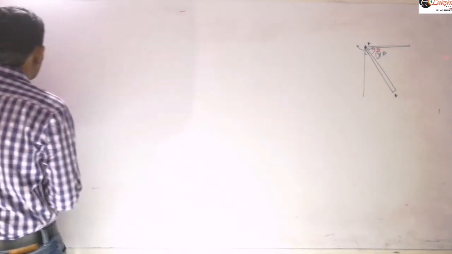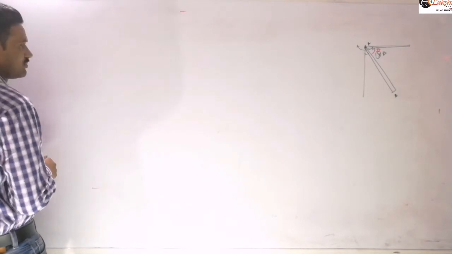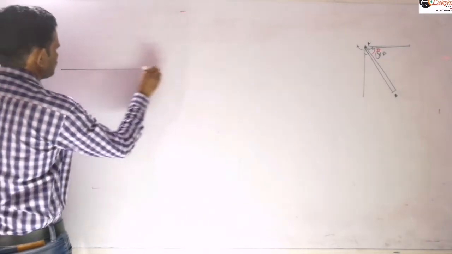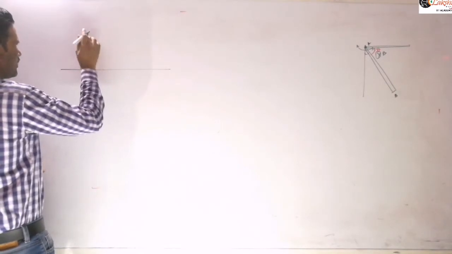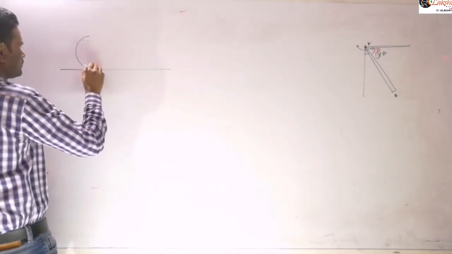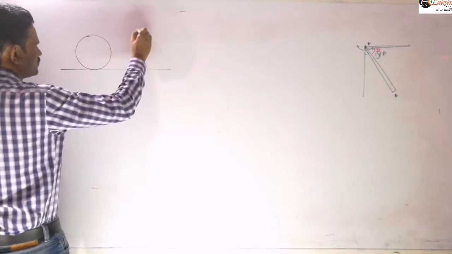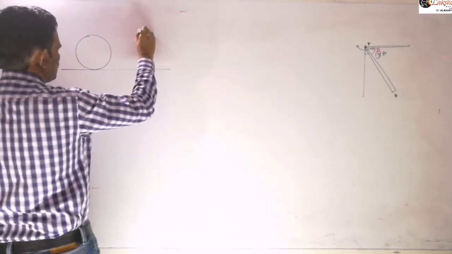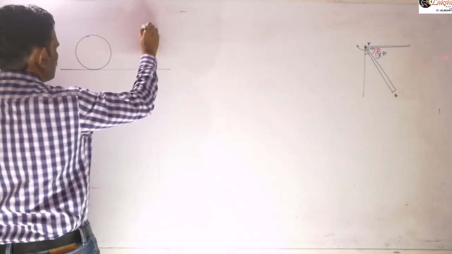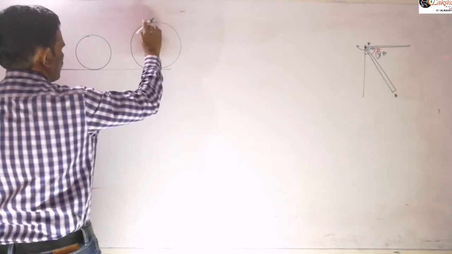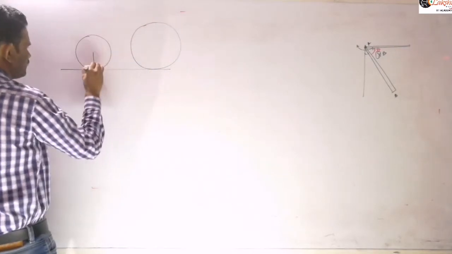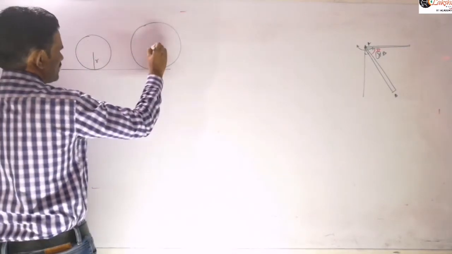Next I am taking another problem. Here I am taking two circular discs, or circular rings you may consider, one of radius r and the other of radius 2r.